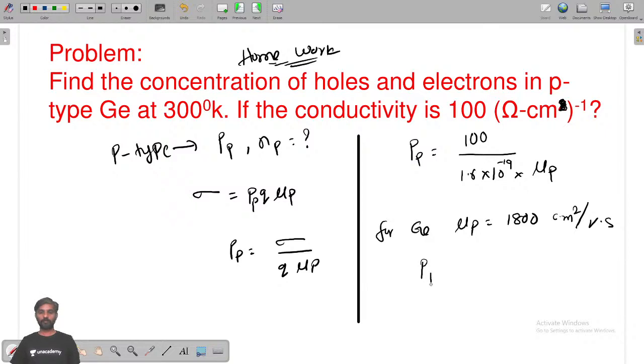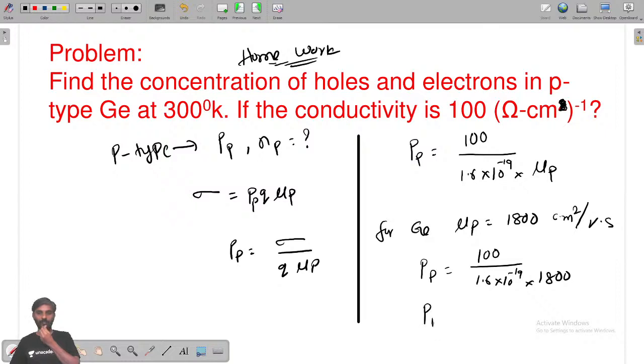So PP is going to be 100 by 1.6 into 10 to the power of minus 19 into 1800. Calculate the answer, sir. Can somebody tell me the answer?